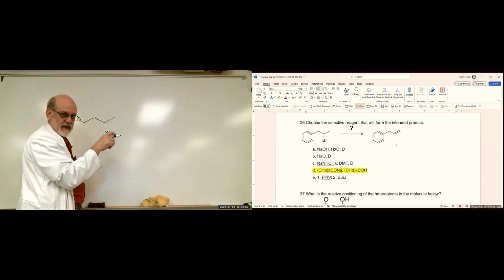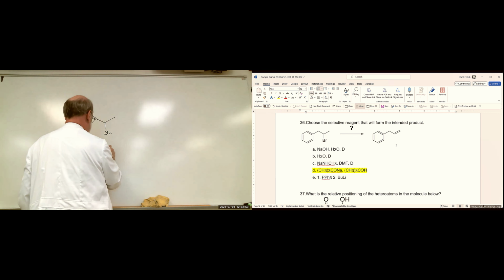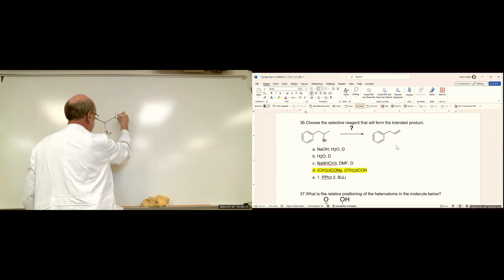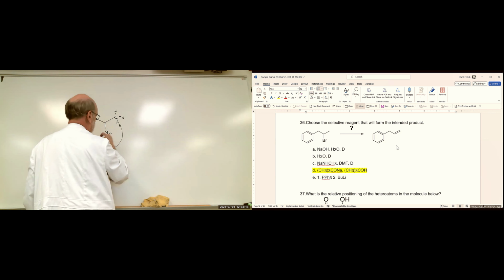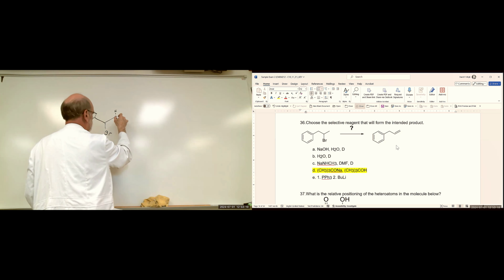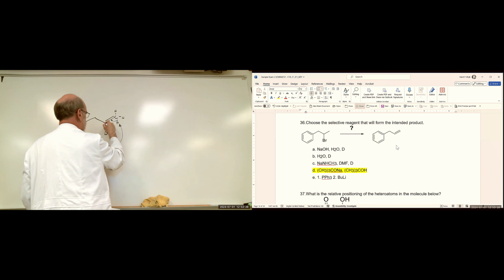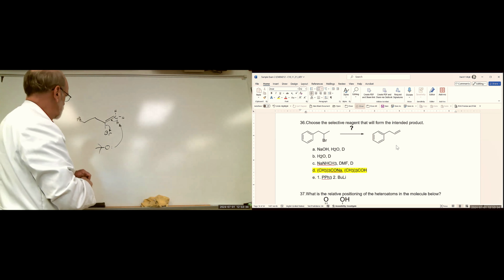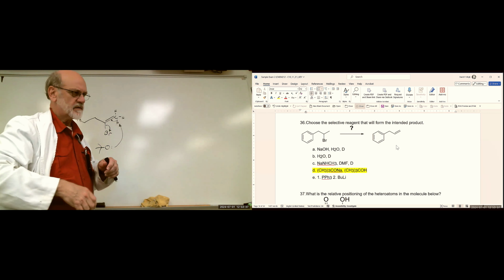Tertiary butoxide is going to come in here, and this is a carbon with hydrogen on it, I think. It's going to deprotonate it, and the electrons here are going to go there, like that. This has to go there like that. So that would be an E2. See, I only use 3 arrows, so I'm safe.